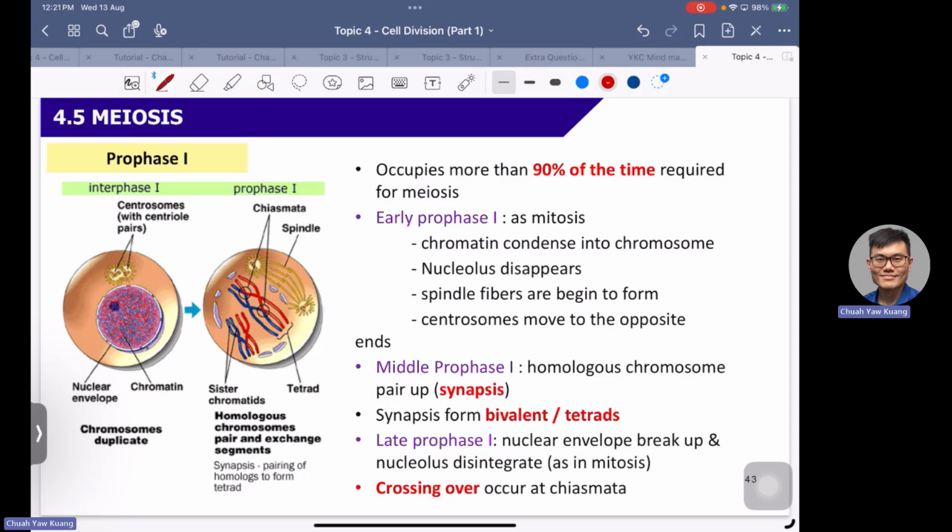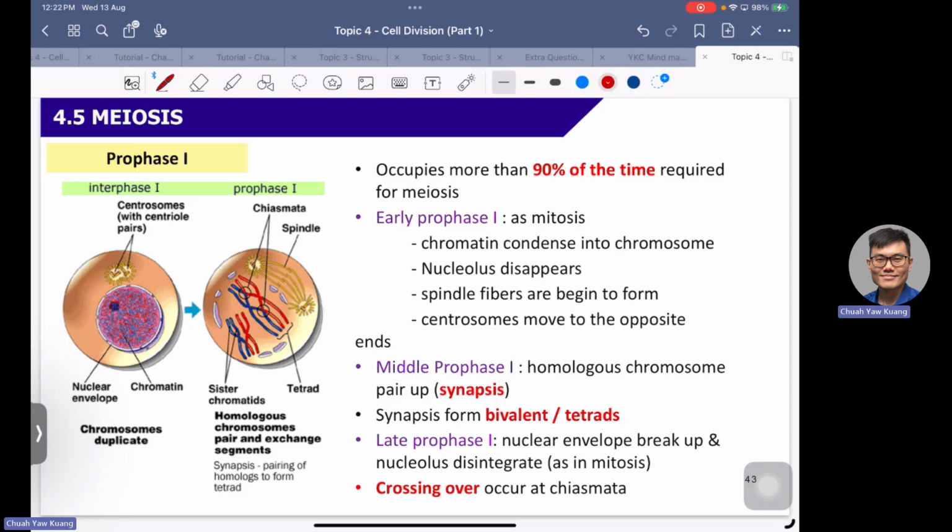Okay. Then in the late prophase 1, because synapsis has occurred, the homologous chromosomes have paired together already. This pair of homologous chromosomes we call a tetrad or bivalent. Normally I use the term tetrad. So this whole thing is called a tetrad.